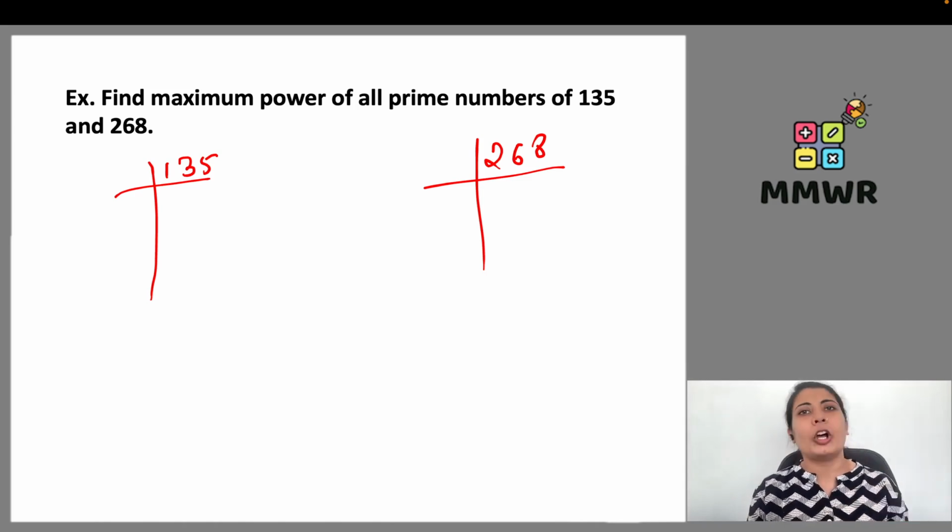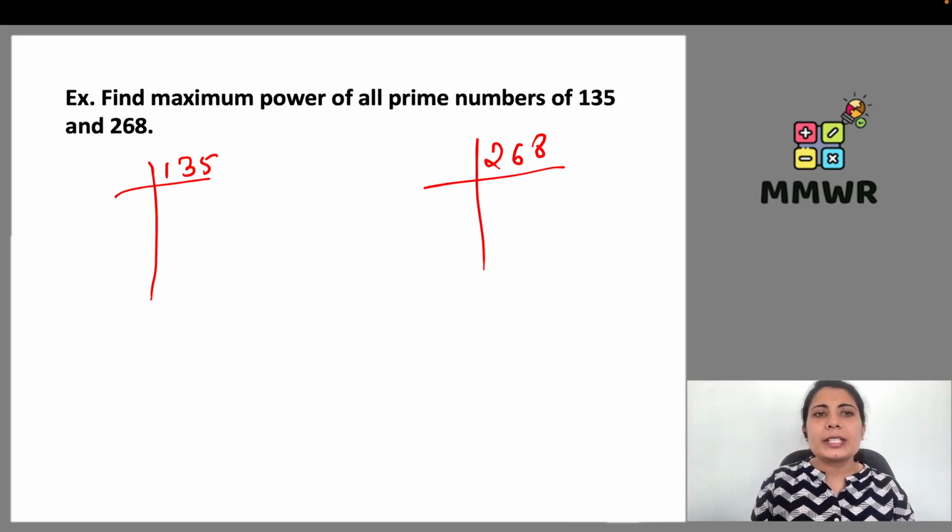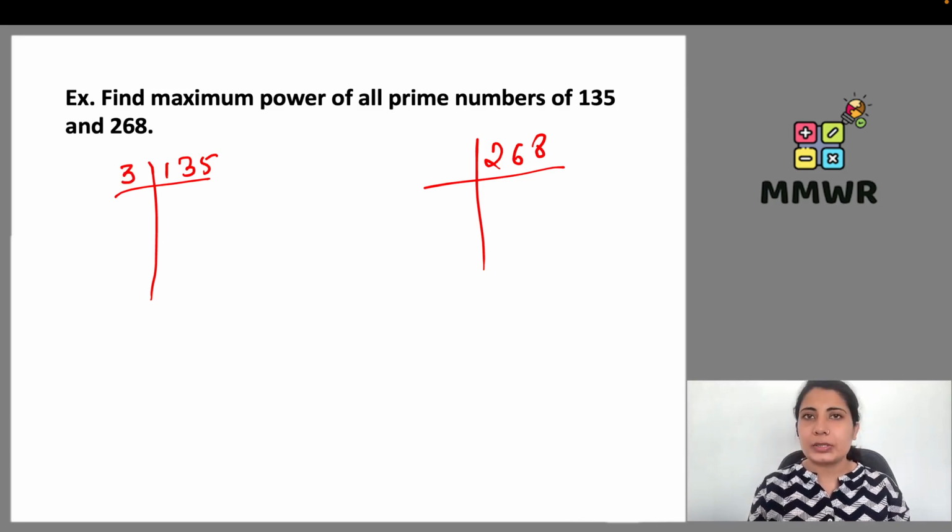By 2, this will not be divisible because the last digit is not an even number, right? So we will be dividing it by the next prime number 3. We have the rules of divisibility with us. We simply have to find the sum of the digits of the number. 1 plus 3 is 4. 4 plus 5 is 9. So 9 is in the table of 3, or we can say 9 is a multiple of 3. If 9 is divisible by 3, that means 135 will also be divisible.